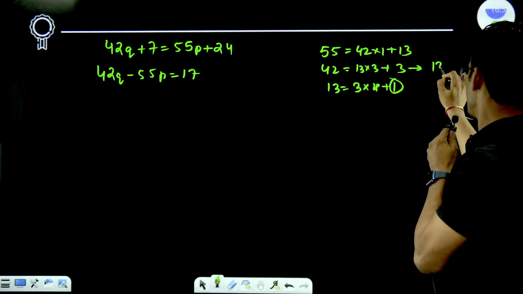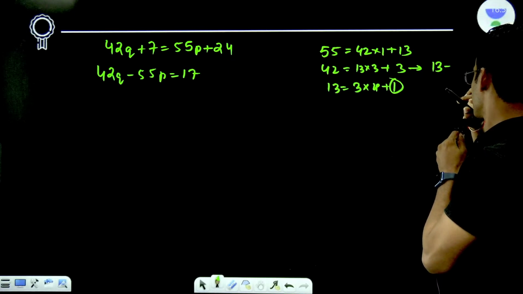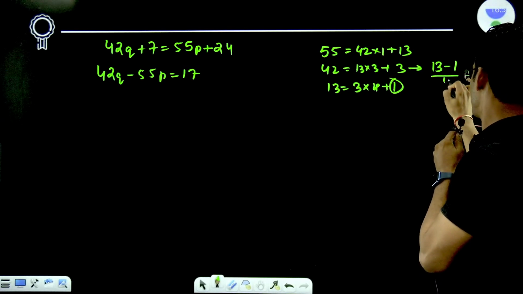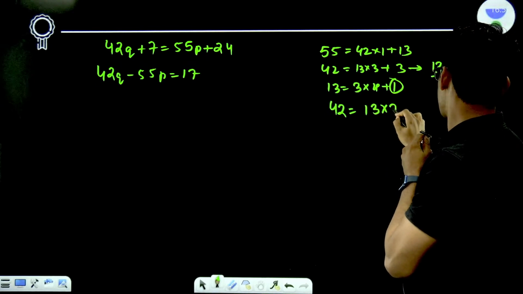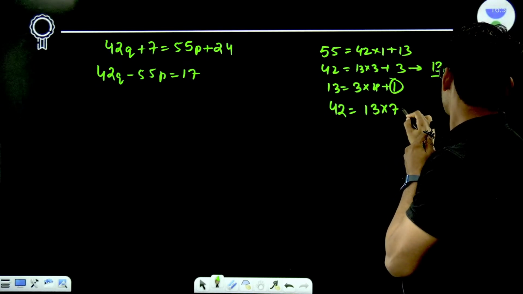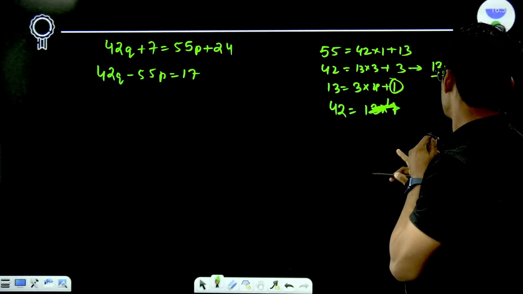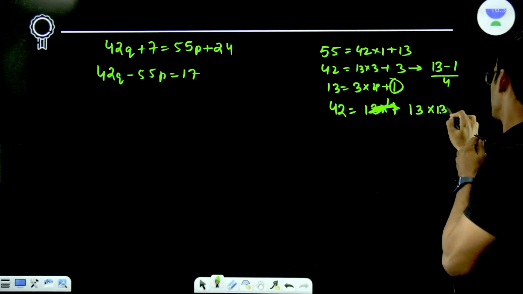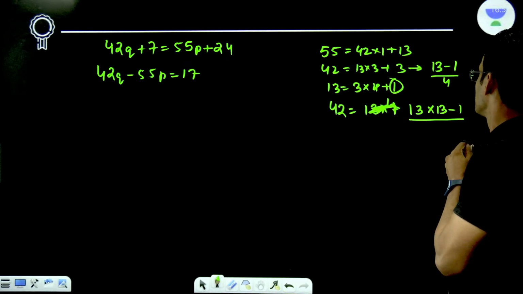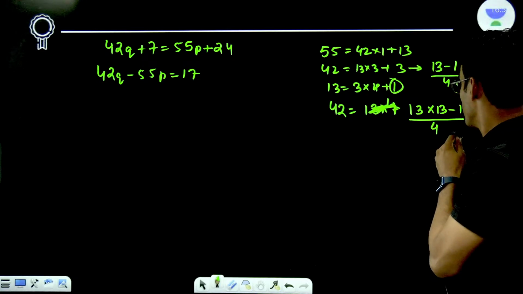I will replace this 13 by 13 minus 1. So this 42 becomes 13 times 4 plus 1.